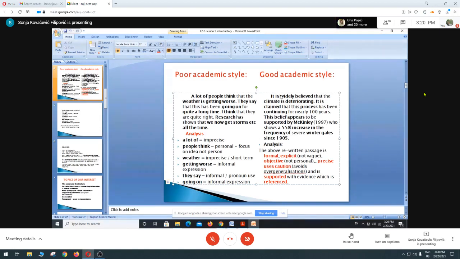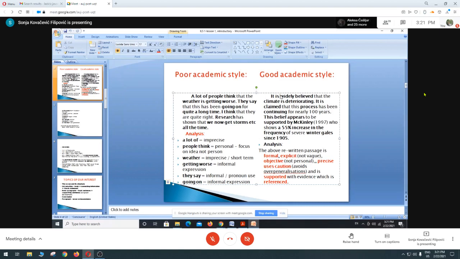"It is claimed that this process has been continuing" — not "going on," because it's informal, but "continue" as a formal verb, for nearly exactly 100 years, not a long time. Okay, we have to be specific. Now, "this belief appears to be supported by McKinley," so we have a specific reference, and we have specific data.